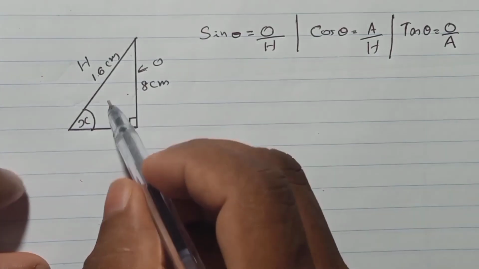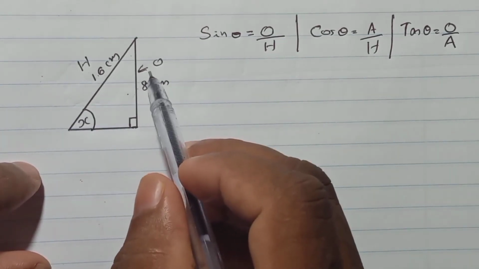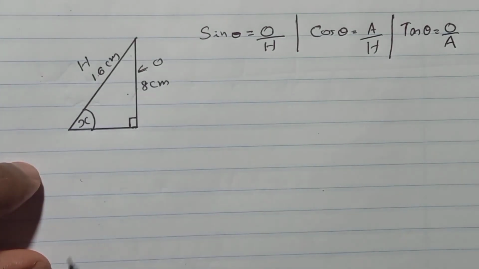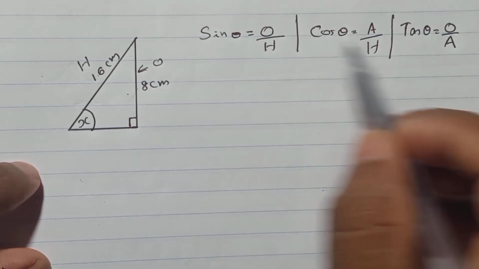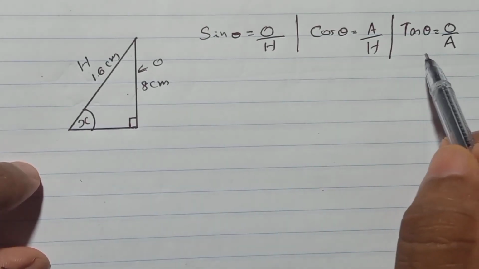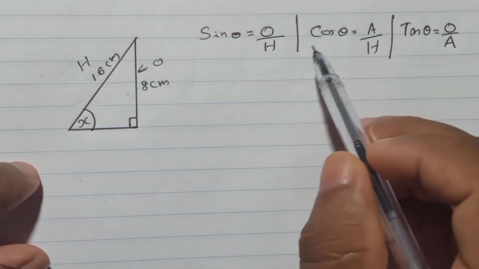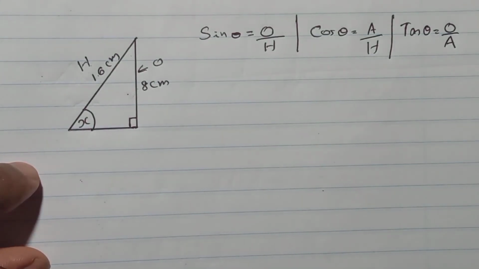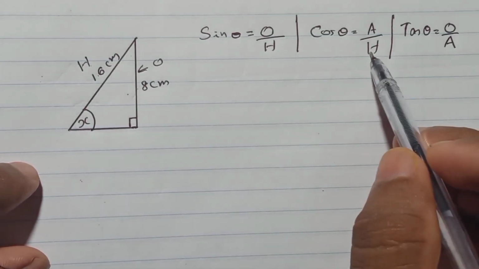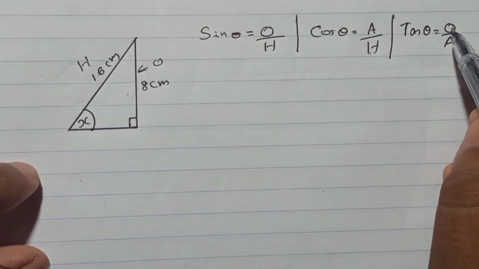According to these opposite and hypotenuse we have, now we need to decide which ratio to use from these three. Which one has opposite and hypotenuse?